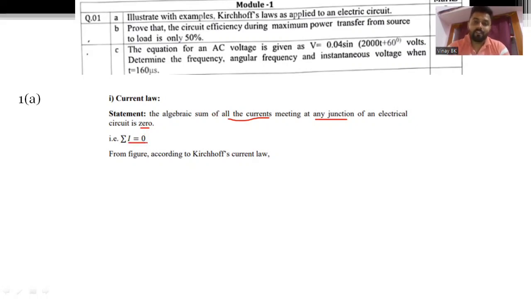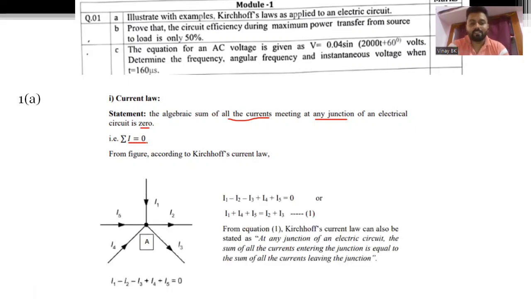Explanation: what do you have to write? You have to write the explanation of the sign convention, so I will take 5 branches. I'm giving some direction to the current. I1 is downward, I2 is leaving the junction, I3 is leaving the junction, I4 is entering the junction, and I5 is also entering the junction. Now I have to write the sign convention: if the current is entering, it is positive; if the current is leaving the junction, it is negative.